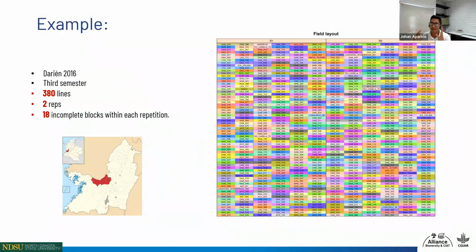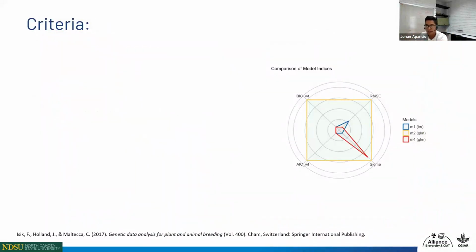And I'm going to assume that I don't have the row column information, that I don't have the incomplete block, that I don't have the rep, etc., just to see what is happening behind. What if I omit the rep? What if I omit the incomplete block? What if I add the row and column information? Just to see some of the advantages of considering all of this information.